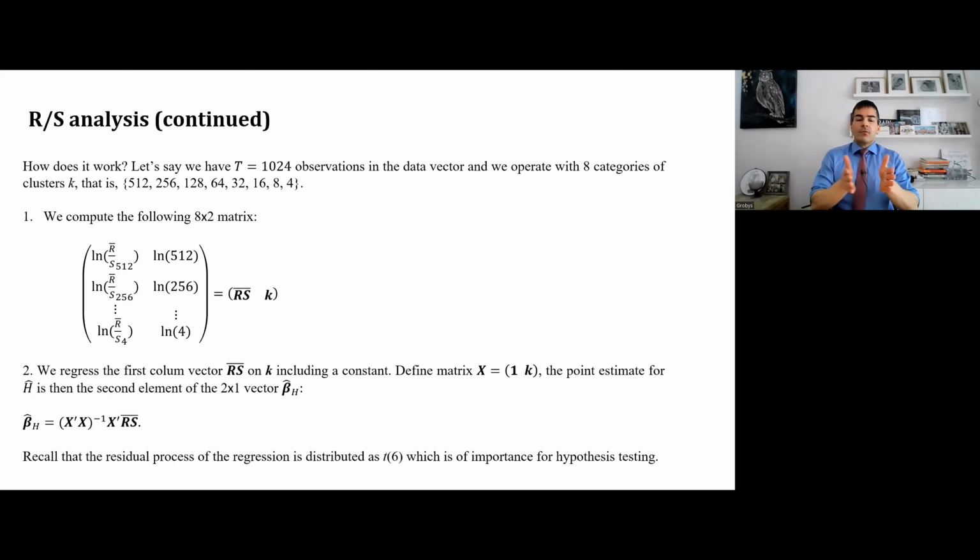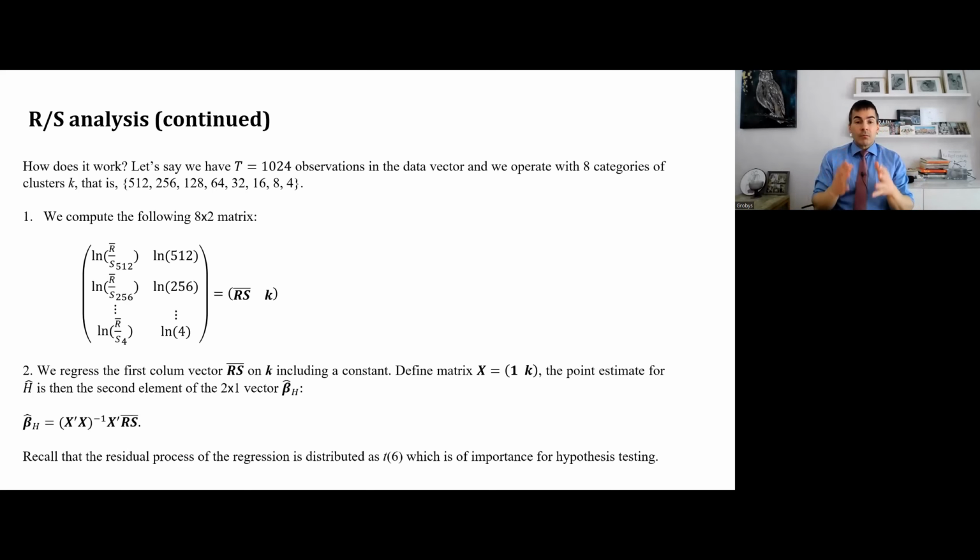So obviously, if we have, let's say, 30 cluster sizes, so let's say we operate with tick data and we have, let's say, 100,000 observations, and we can operate with 30 cluster sizes, then obviously the distribution approaches a normal distribution, right?